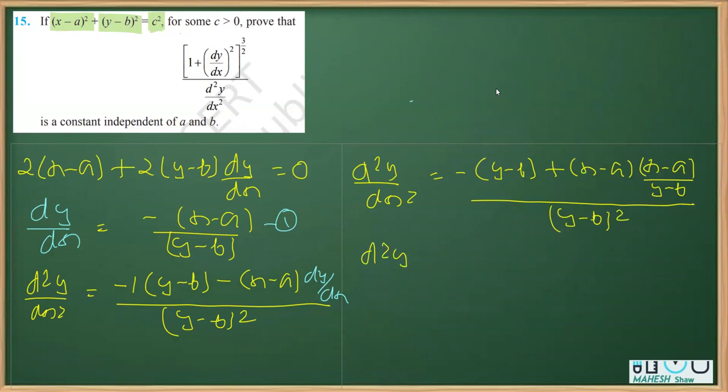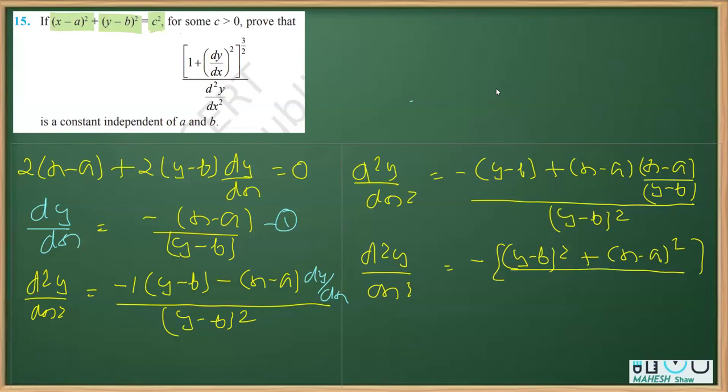Continue with the further simplification. I can see there is a minus common. If I take minus common here, and if I take LCM, clearly this (y minus b) will be multiplied with (y minus b). So it's going to be (y minus b) whole square plus (x minus a) whole square, and then divided by the LCM, which is (y minus b) the whole cube.